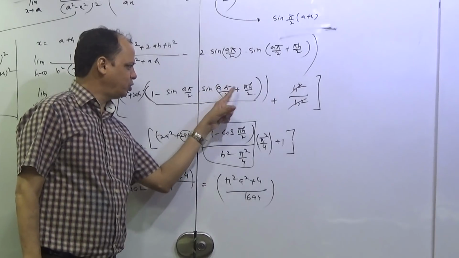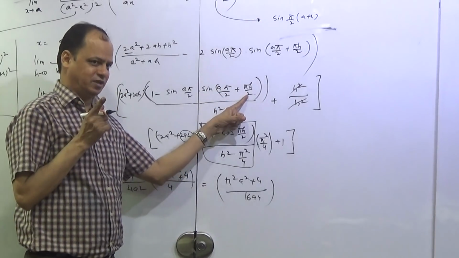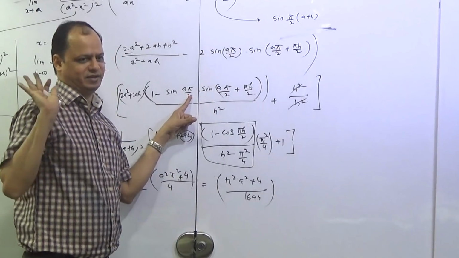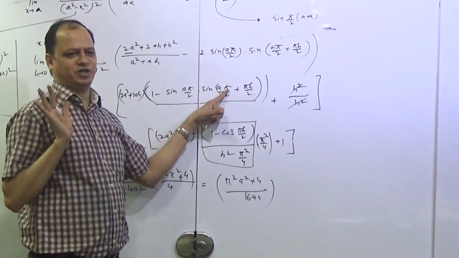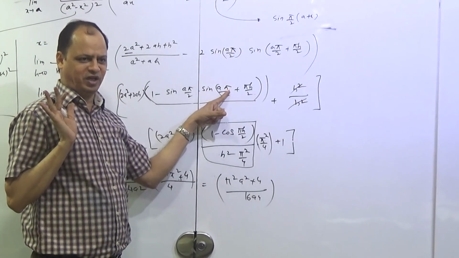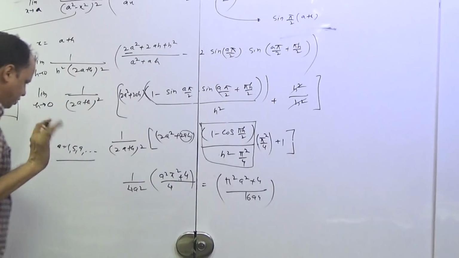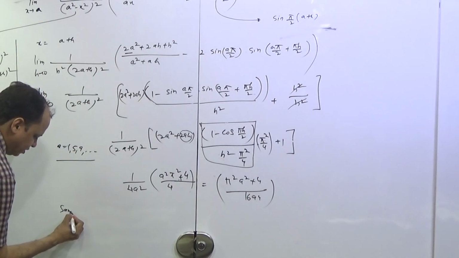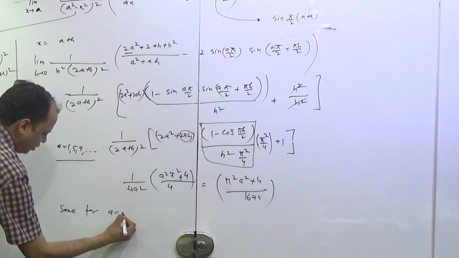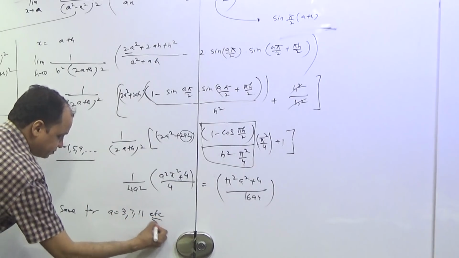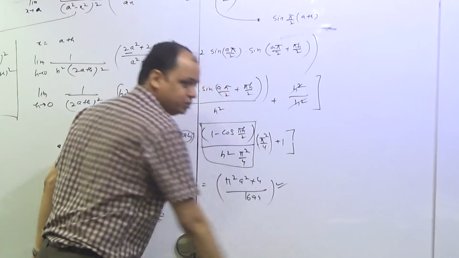Sine of 3 pi by 2 plus theta is minus cos theta. So this minus and this minus cancel, and we get the same expression for a equal to 3, 7, 11, etc. This is the final limit. Have you understood? Yes sir.